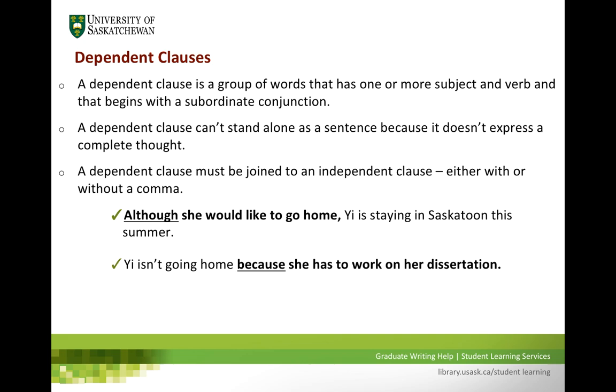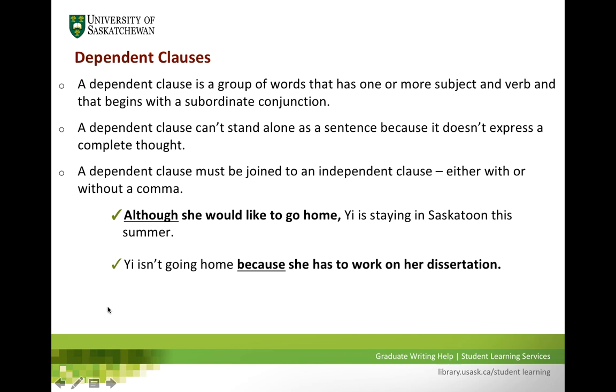So here's an example of a dependent clause. Although she would like to go home, there's your dependent clause. And in this case, it's joined to an independent clause. Yi is staying in Saskatoon this summer. So you can see that when the dependent clause precedes the independent clause, then there's a comma between the two clauses.